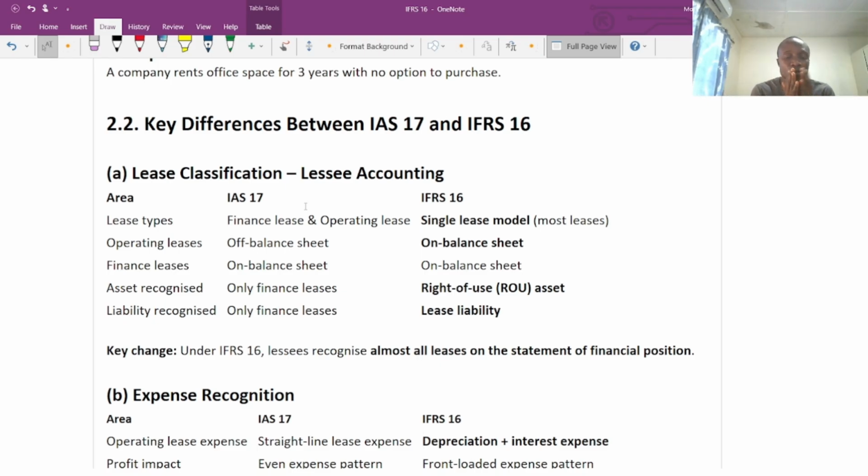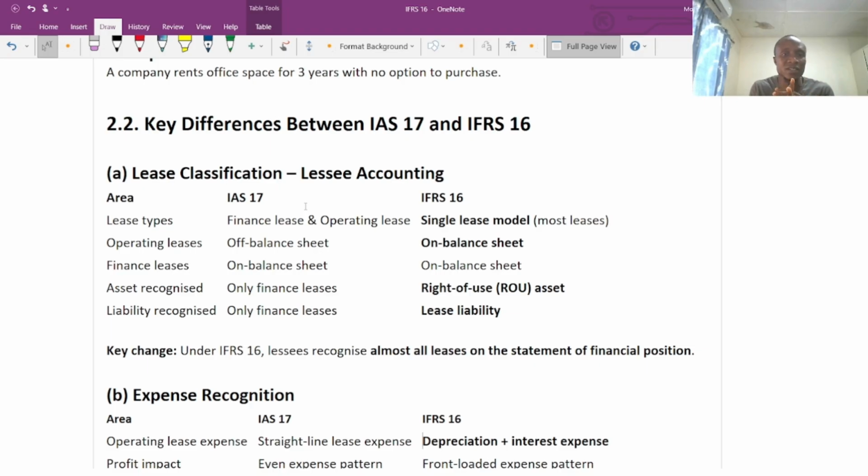For example, for the lessee, when there's a lease transaction, you will debit the right-of-use asset and you're going to credit the lease liability. Although there is subsequent treatment, we are going to look at it. So for now, the lease type for IAS 17 is finance and operating lease, while for IFRS 16 it is a single lease model, a unified, harmonized model that is being used currently.